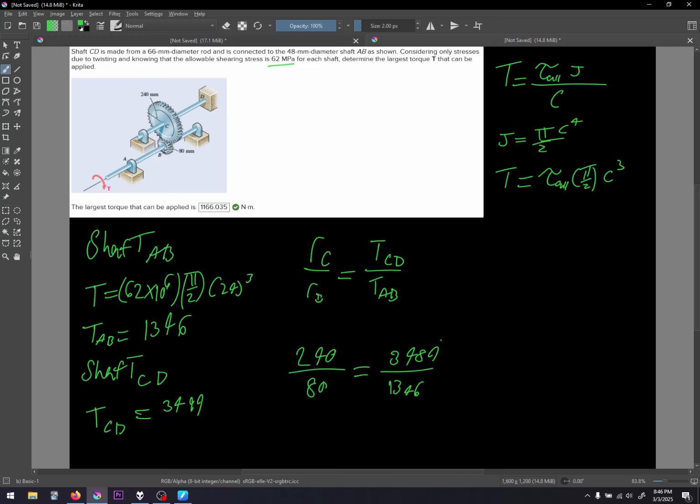So, how do we get this? This is 3. Okay, 3. How do we make this equal to 3? Well, if I make the bottom one smaller, we get closer to 3.